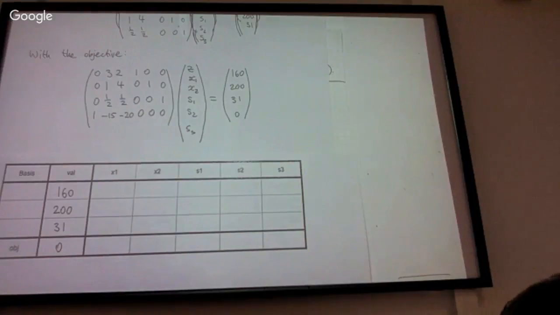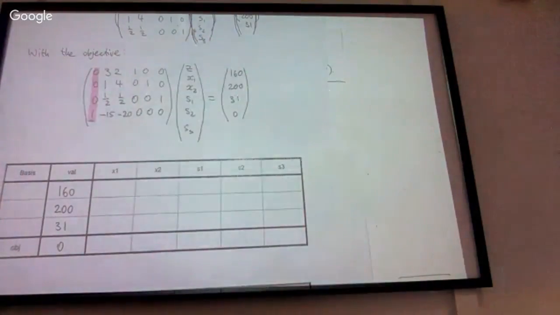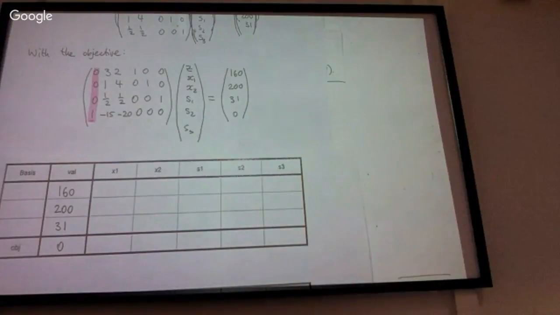Now, to save some writing and space, this Z column, the first column here, is always going to be the same when we pivot, because we don't want to take Z out of the basis. So I won't write it at all into the tableau. What I'm going to write into the table here is just the coefficients from the matrix that was above.